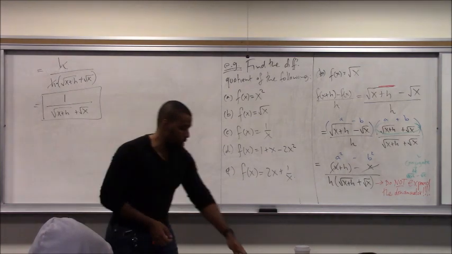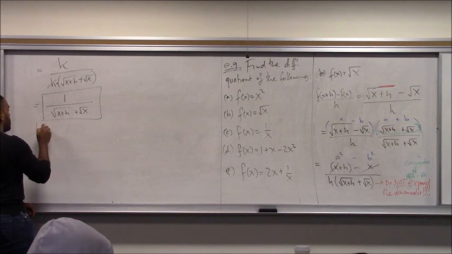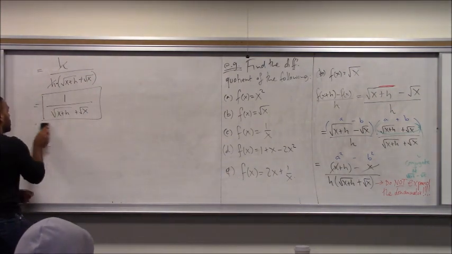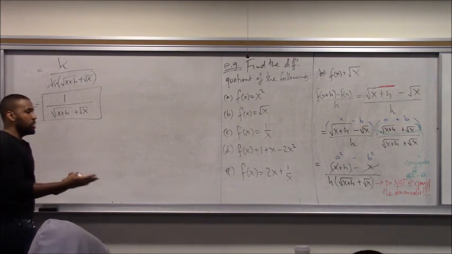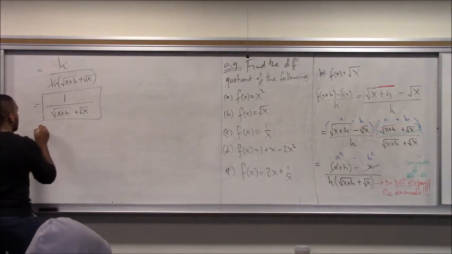Okay. Something to mention here, to simplify the difference quotient, just to make sure that we're all aware of how do you know when to stop, at what point do you consider it simplified?